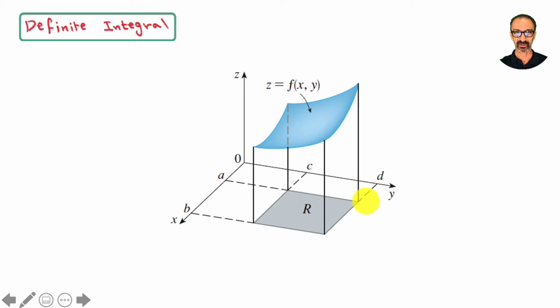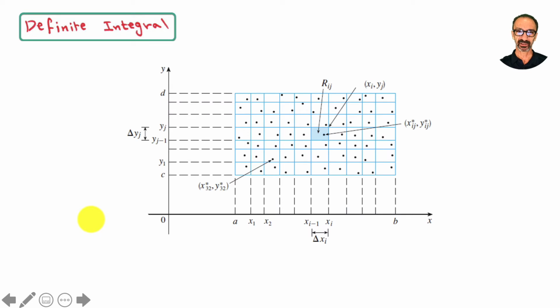The best way is to break it down from A to B into delta x's and from C to D into delta y's. It would be nice if they're all equal. Then we'll make delta x go to 0 and delta y go to 0, and eventually every point inside will have f of x, y applied to it to reach up to the surface, and that will be the height.